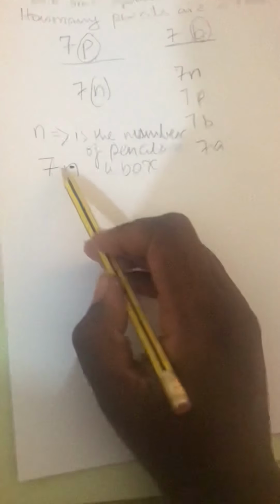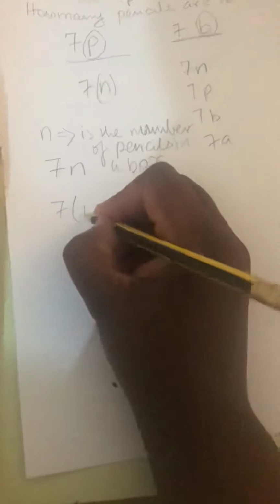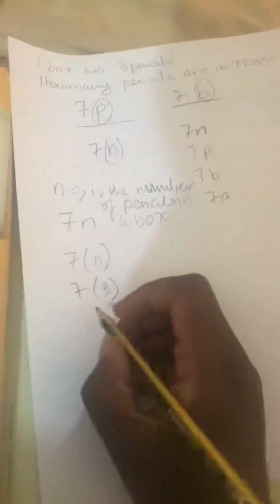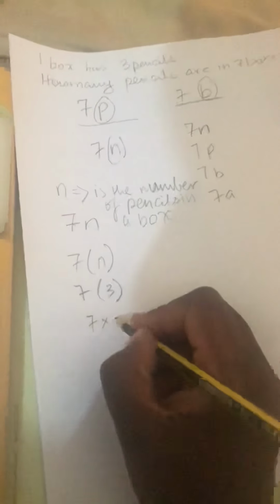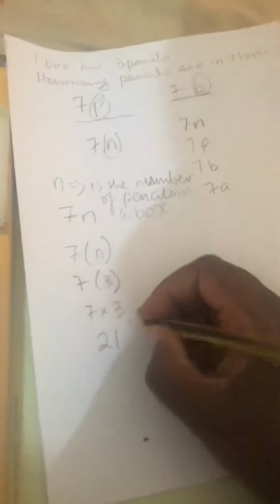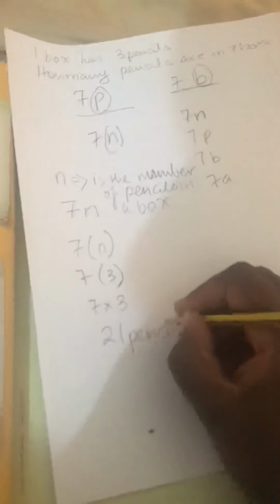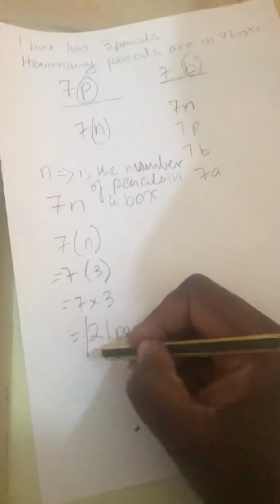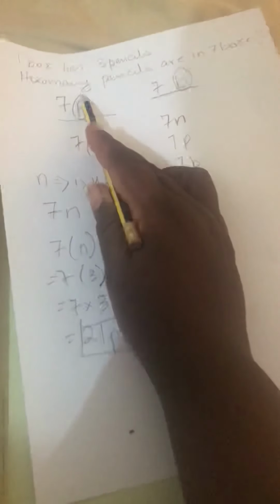Okay, since N is the number of pencils in the box, for me to find how many pencils are in 7 boxes, I have to multiply 7 and N. Okay, so this becomes 7(N), and I know in one box there are 3 pencils, so 7(3). This means 7 times 3, which is 21 pencils. And this is my answer to this question.